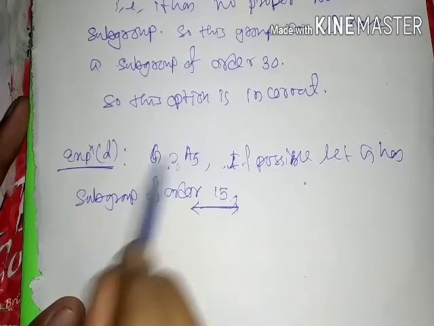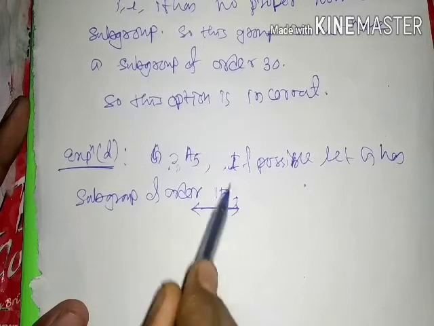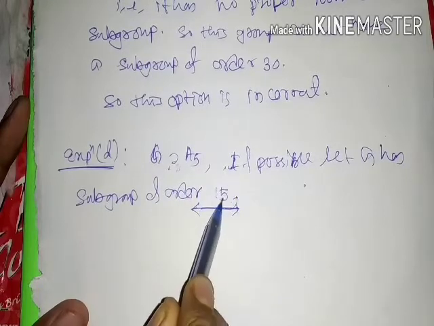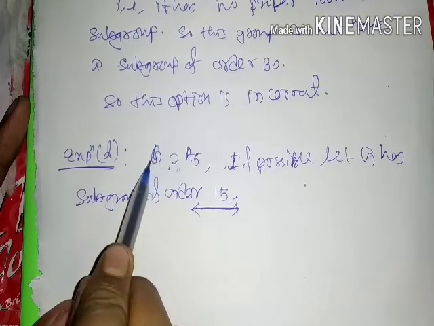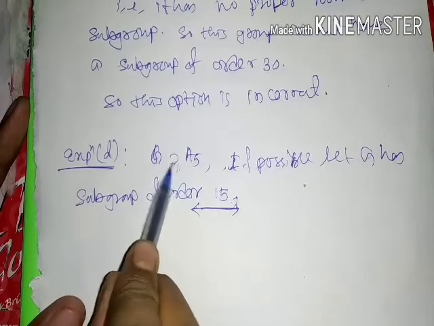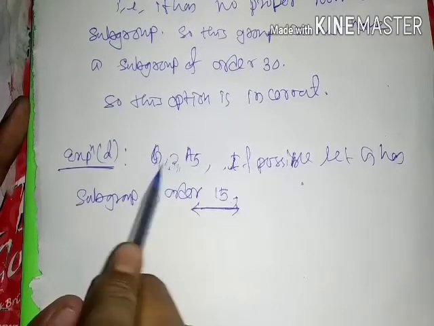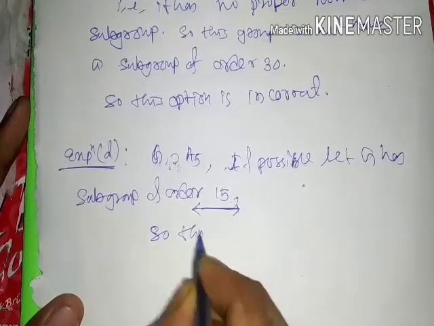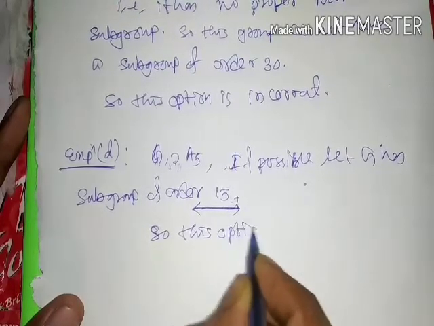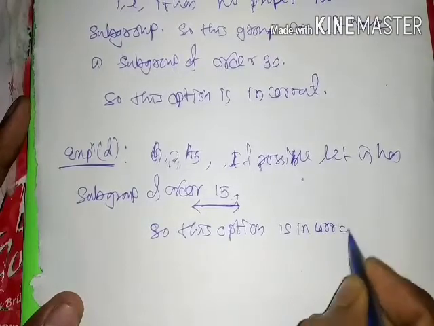So this option is incorrect. If G has a subgroup of order 15, then G cannot be non-abelian. It becomes abelian. That's why this option is incorrect.